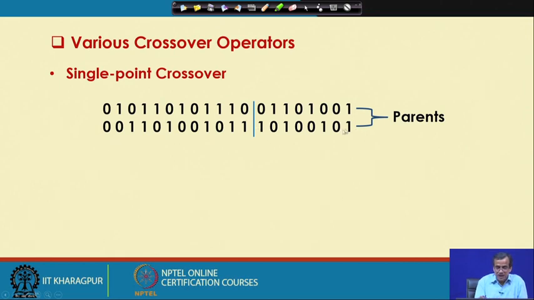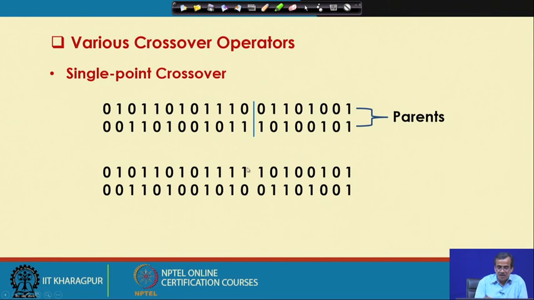If there are 20 bits, there are 19 places for the crossover site selection, and this crossover site is selected at random. Suppose this is the site which has been selected for the crossover.